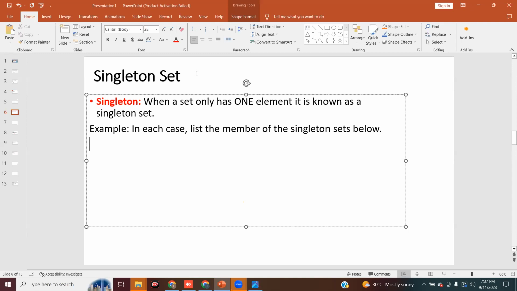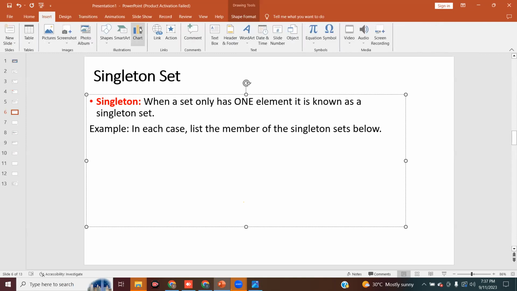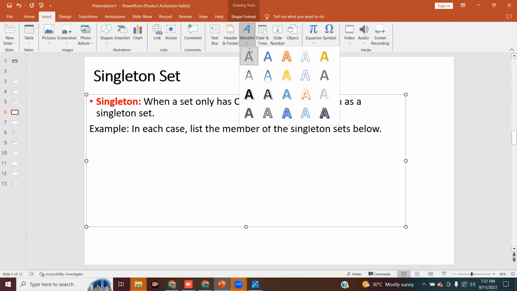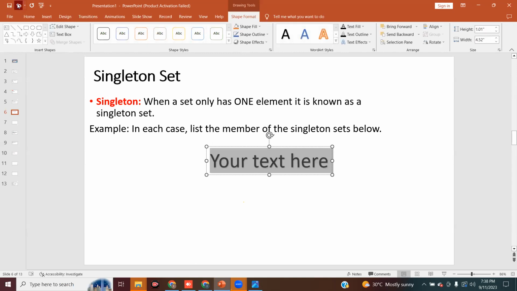So I want you to actually list the elements of the set.